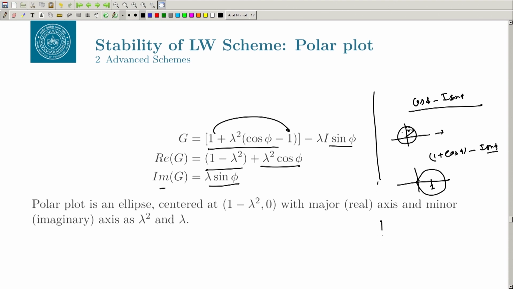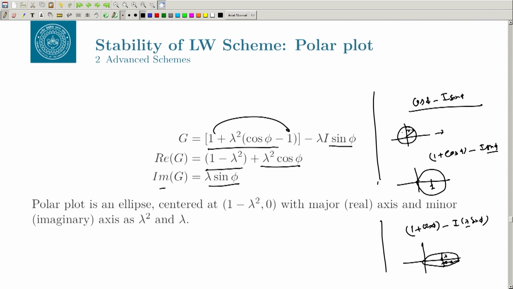Now, let us say that I have 1 plus cos phi minus i lambda sin phi, okay, then it is an ellipse, right, which depends on lambda. Your radius is 1, okay, the major axis is always 1, but the minor axis depends on lambda, right. So, this is my lambda and this is 1, right.